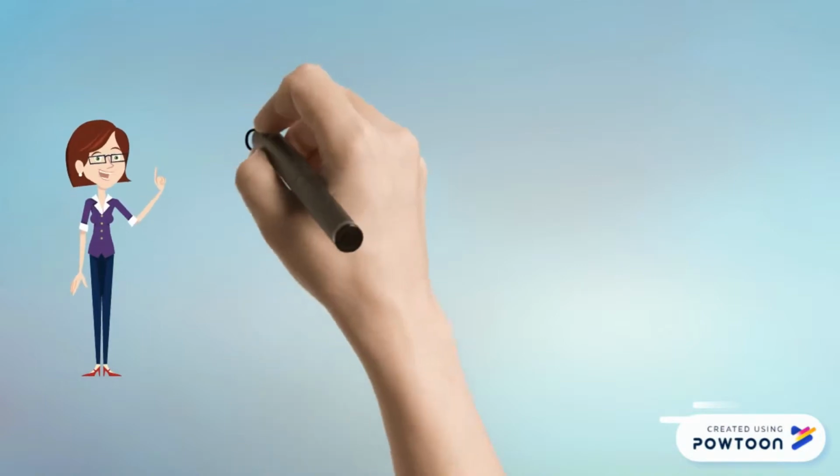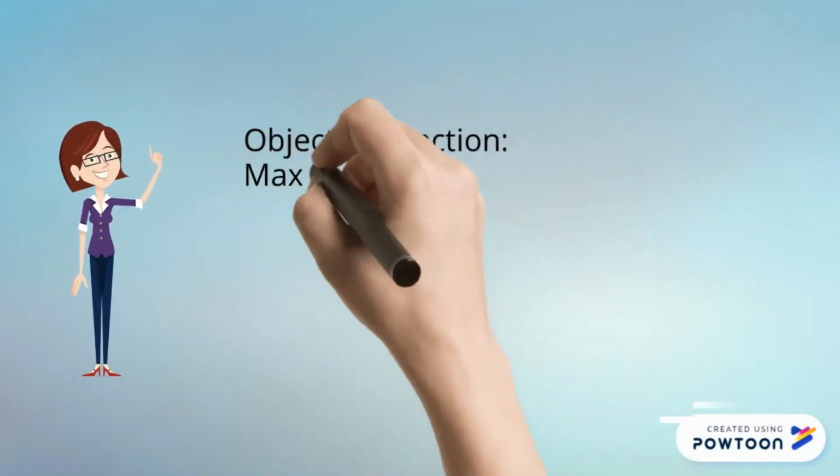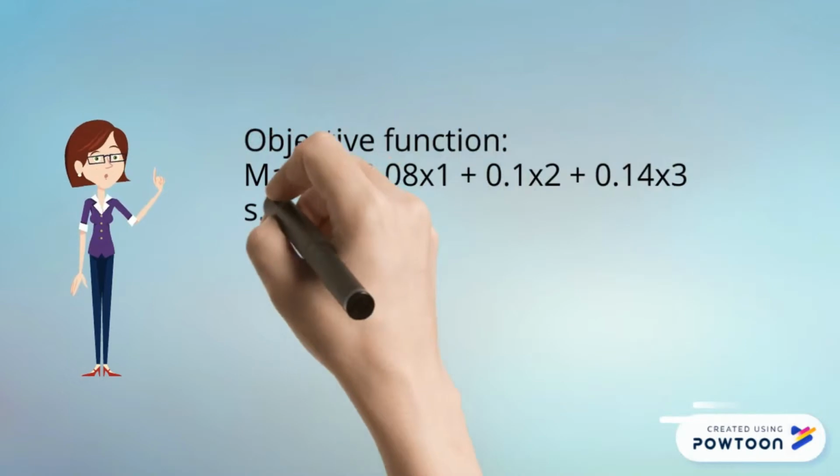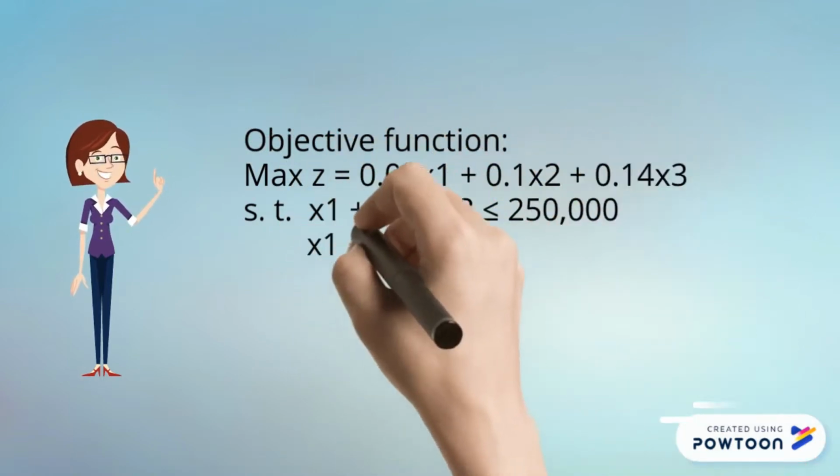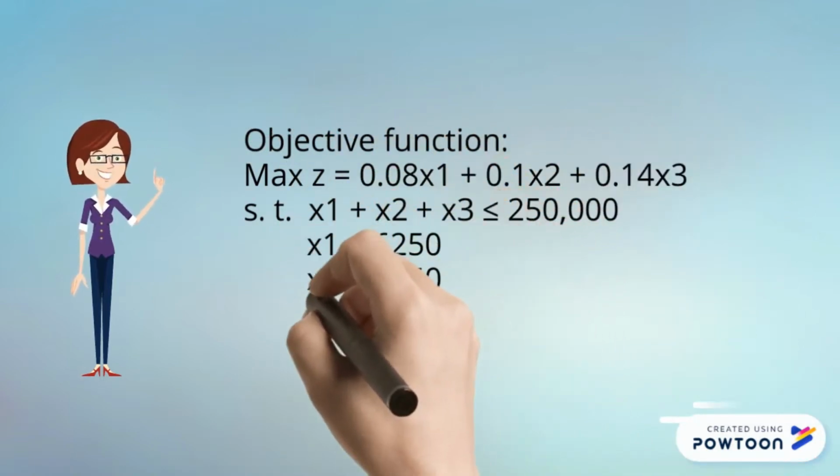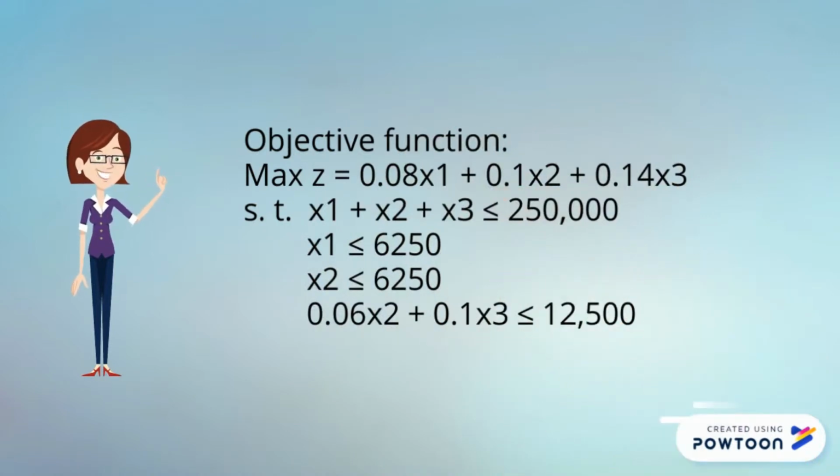Below is the objective function where we can see the maximum z is 0.08x1 plus 0.1x2 plus 0.14x3. They have 4 constraints.